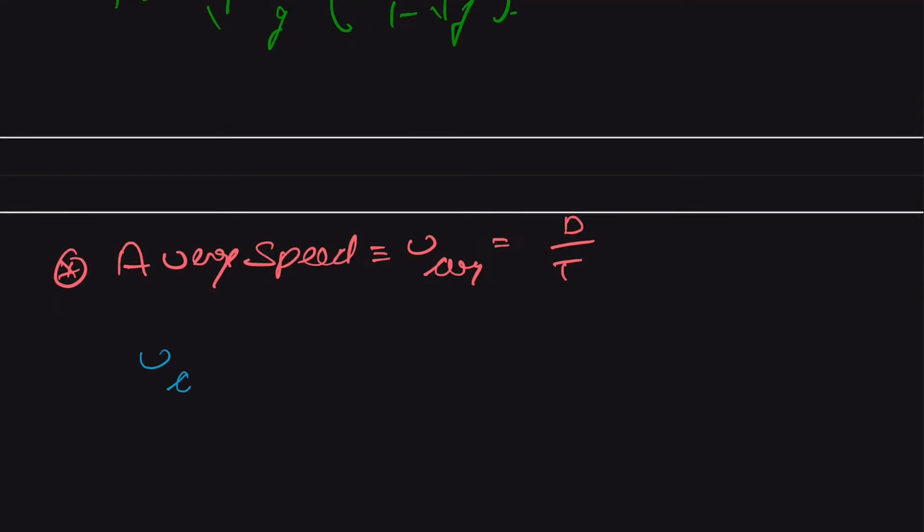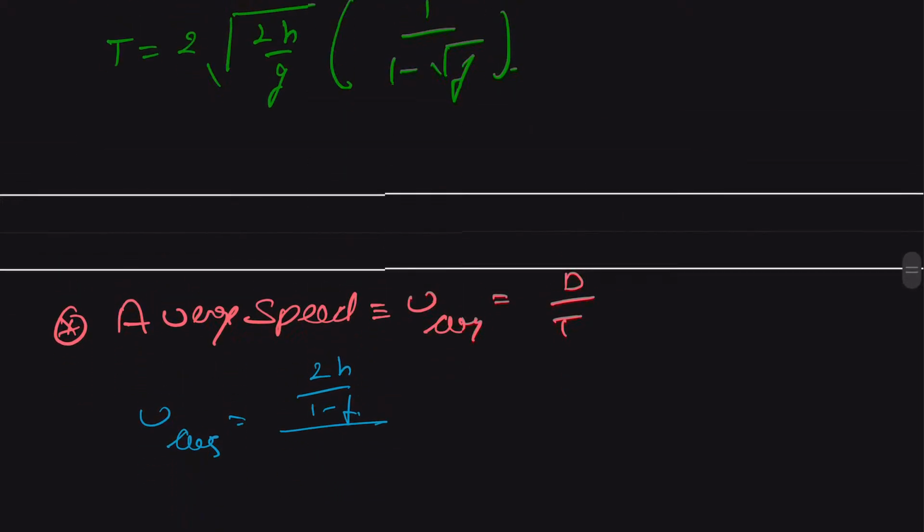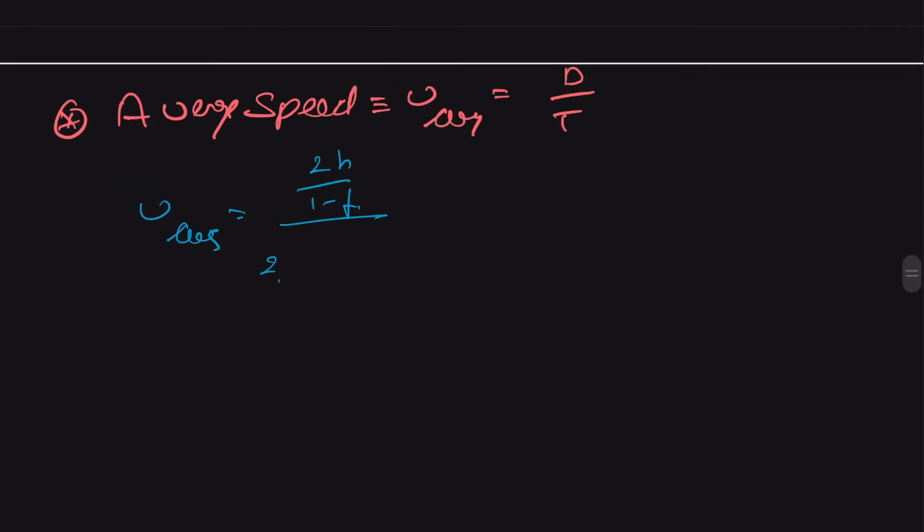Total distance is 2h times (1 plus f) upon (1 minus f), and the total time is 2 square root of 2h upon g times 1 upon (1 minus square root of f). Okay. If required we can solve it further, otherwise it only depends upon what type of answer they have asked for. Okay.